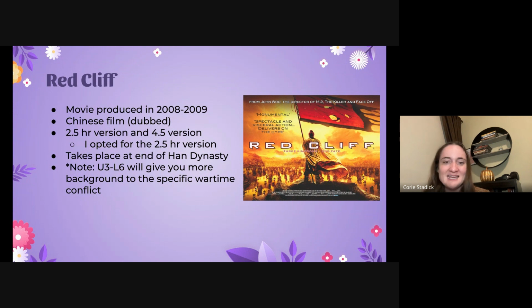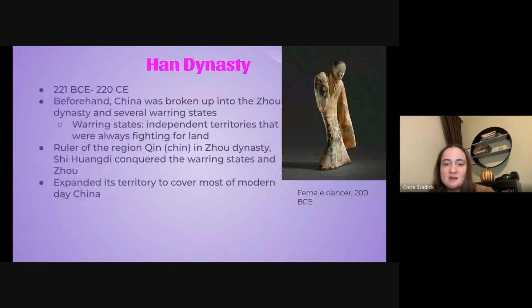It takes place at the end of the Han Dynasty. U3-L6 will talk a lot more about the setup of the characters and their relationships with each other before you watch the movie. So let's talk a little bit about the Han Dynasty. Before Han, China was broken up into the Zhao Dynasty, which had several warring states.